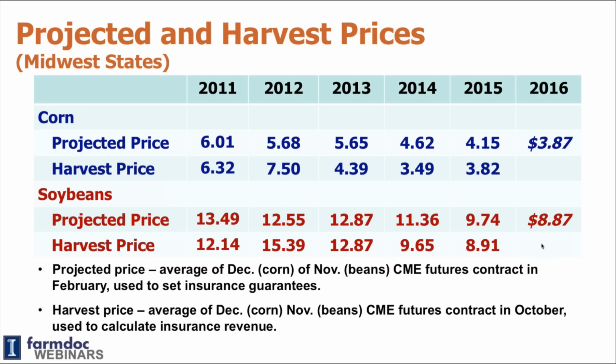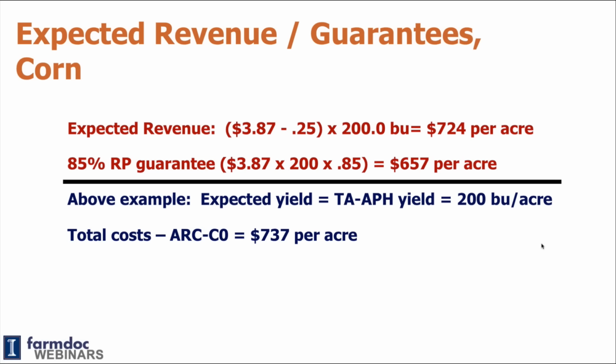For Midwest crops, they are set by the average of the settlement prices, December contract for corn, November contract for soybeans, those settlement prices in October. So we're looking again at lower projected prices now. It'd be really hard to see our projected prices change substantially from those levels at this point in time.